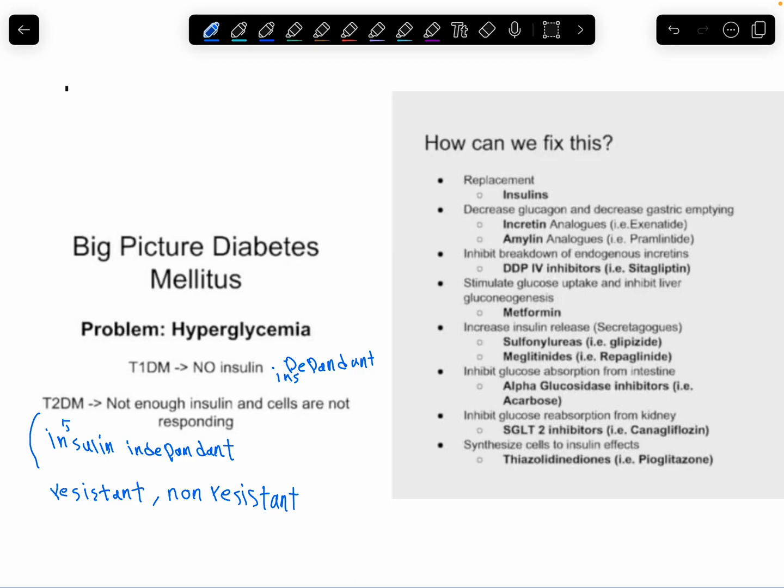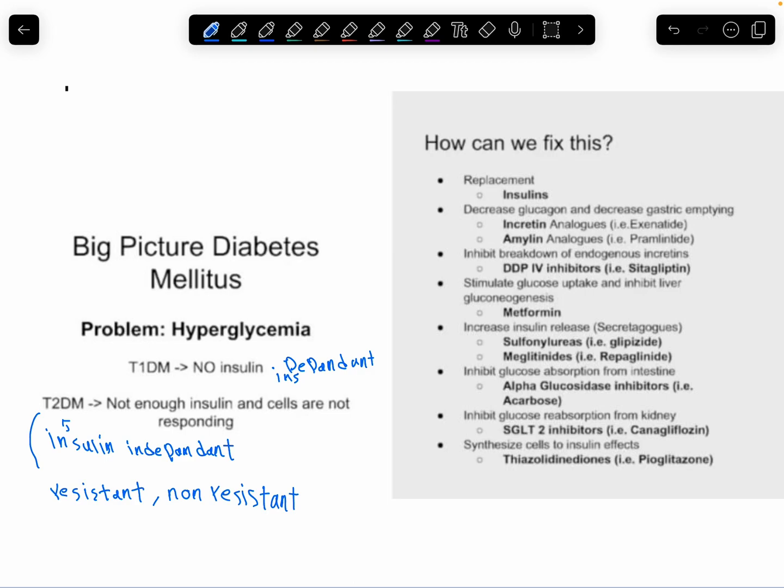Any patient who is diagnosed with diabetes and doesn't take care, what we mean by uncontrolled, he has to take insulin sooner or later. Sooner or later, even if he is suffering from type 2.